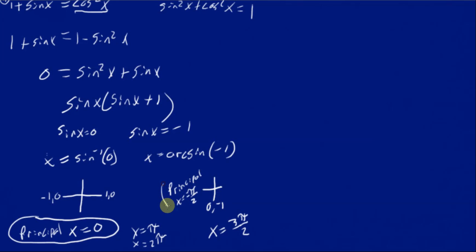So that would be my principal value solution, negative pi over 2. All right, but for this problem, it's at 3 pi over 2 because it's between 0 and 2 pi. And that's the only place that the sine is negative 1. So for the interval, I would have these two and this one.